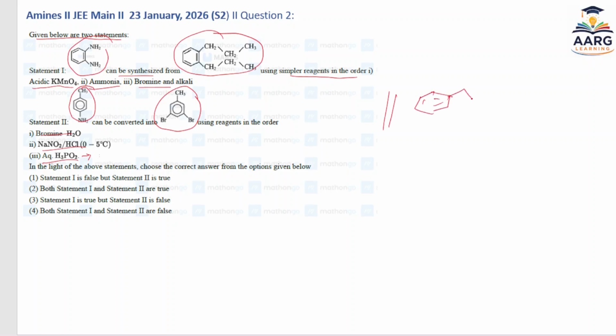This is the structure of that compound, CH2CH2CH3, and this is the other propyl group.